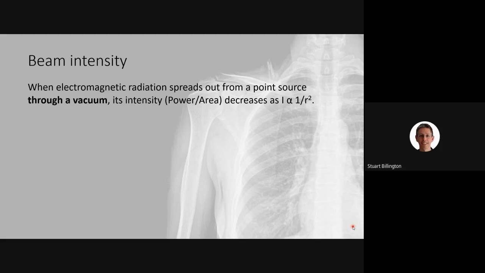What we need to do in this topic now is to take account of the fact that while the radiation is trying to spread out from the point source inside the X-ray machine on the surface of a sphere as a 1 over r squared relationship, it's not going to manage it, because we're going to place a human body in its path, and the human body is not a vacuum, and it is going to absorb some of the intensity of the beam, and therefore that 1 over r squared relationship will not be true for any of the X-rays that pass through the human body.